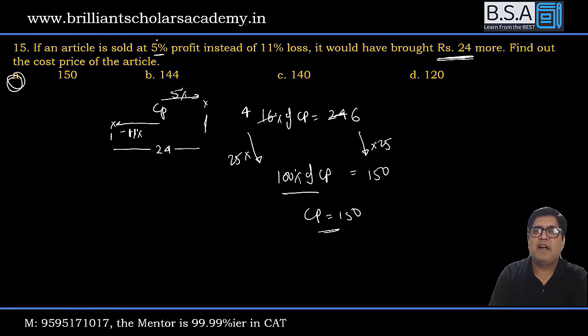When I sell it for 5% profit instead of 11% loss, I gain 24 rupees more. So 16% of the cost is 24 rupees, 4% is 6 rupees. How do you make 100% from 4? 25 times.